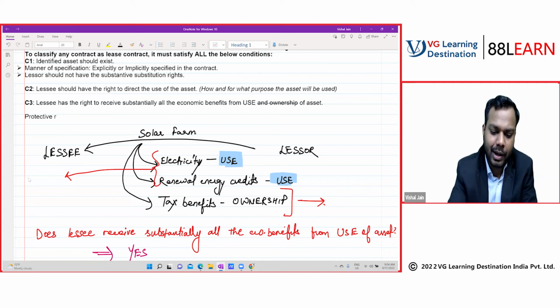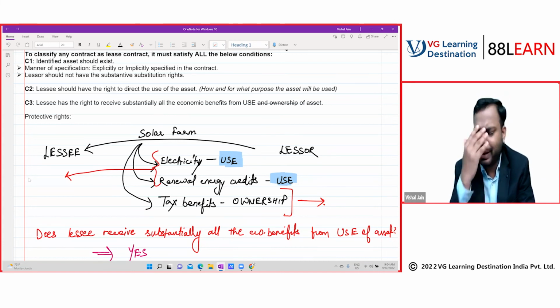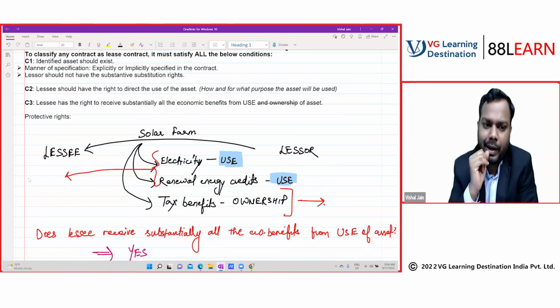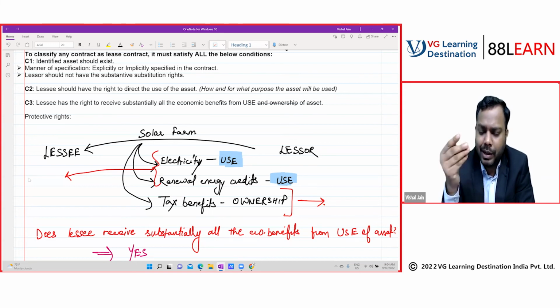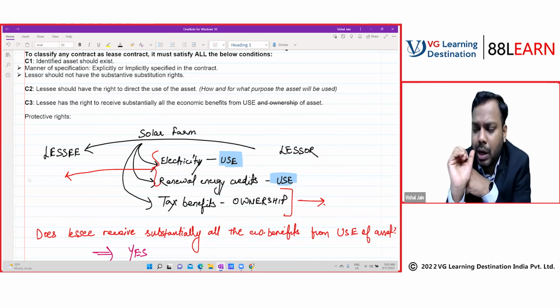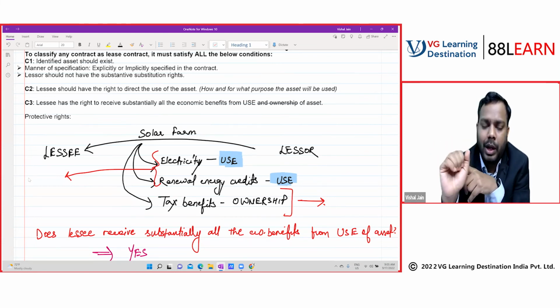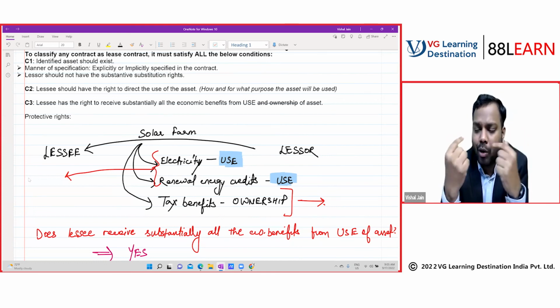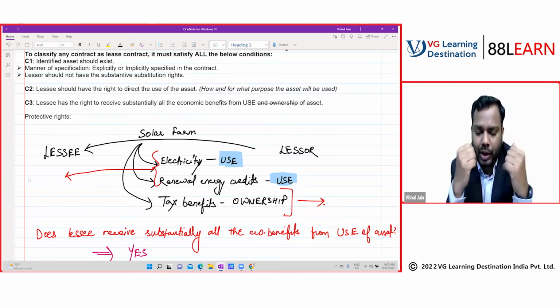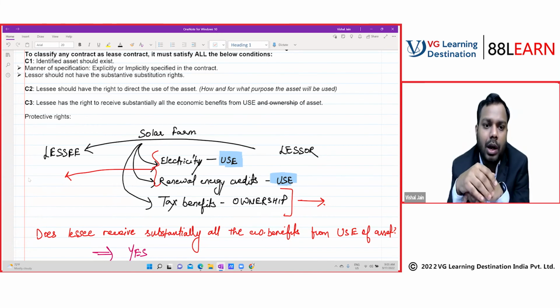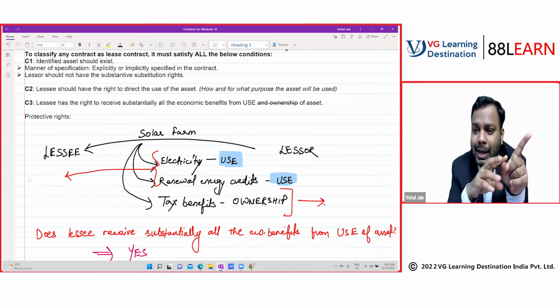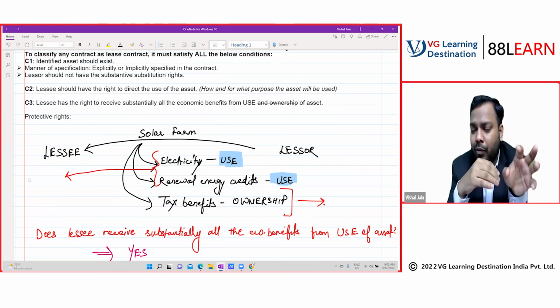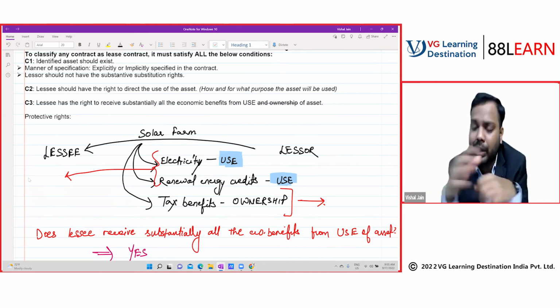Now, what is the protective right? I'll tell you. I recently rented a four-wheeler, and in the rent agreement it was written that you cannot drive for more than 2,000 kilometers in a day. You cannot take that property out of the jurisdiction of Karnataka, because I am located in Bangalore. You cannot use it continuously, like more than 1,000 kilometers a day, for more than a week.